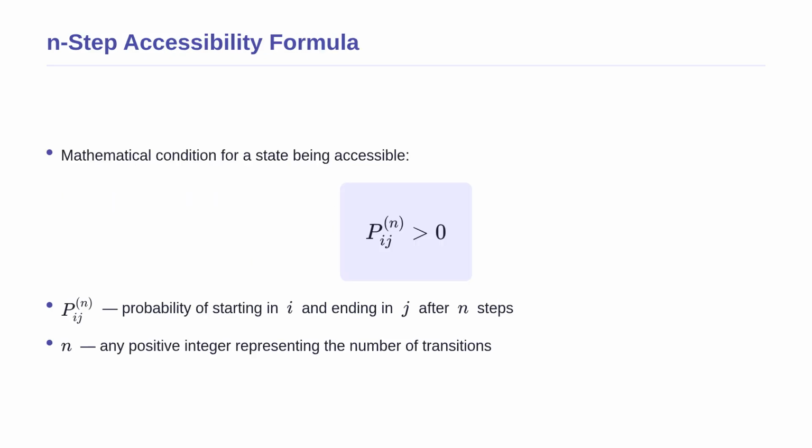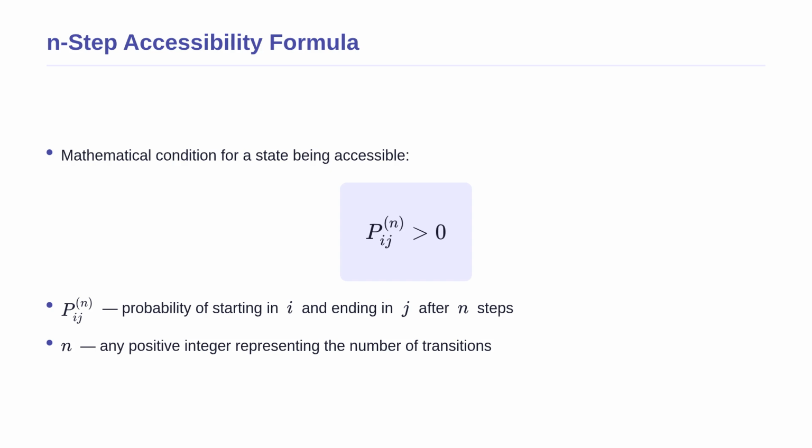Now that we understand the idea of reaching a destination, let us look at its mathematical definition. This formula defines n-step accessibility. The term P sub ij superscript n represents the probability of starting in state i and ending up in state j after exactly n steps.